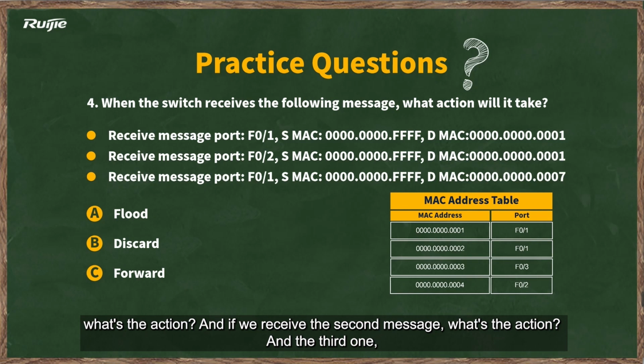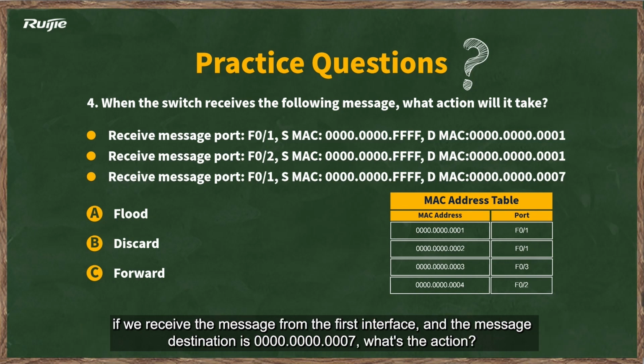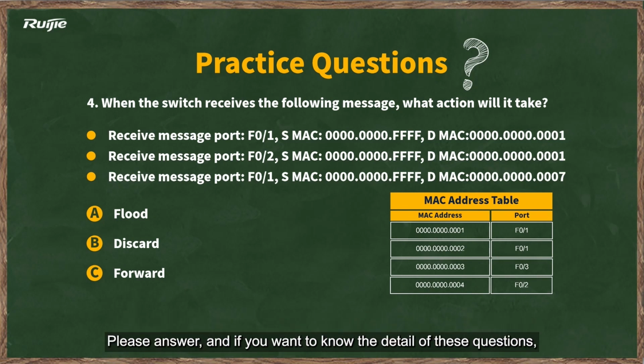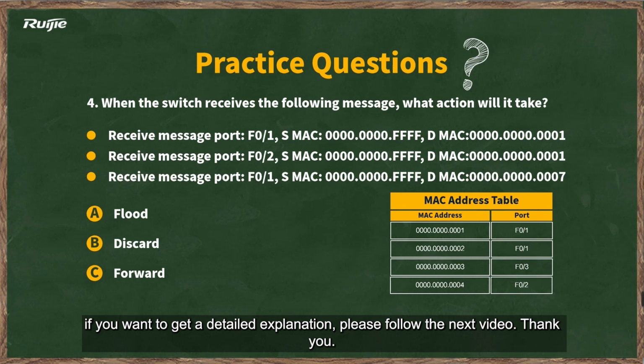And if we receive the second message, what's the action? And the third one, if we receive a message from the first interface and the message destination is 007, what's the action? Please answer. If you want the detailed explanation, please follow the next video.